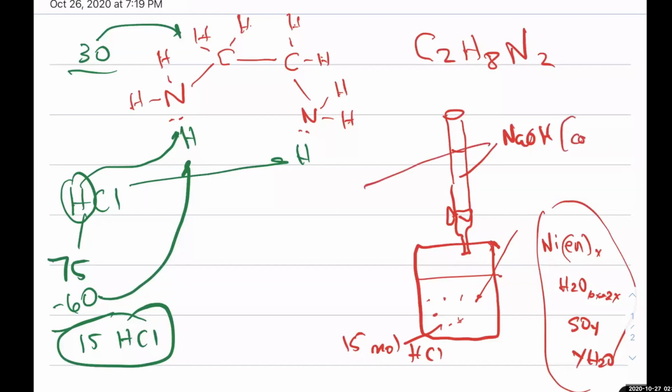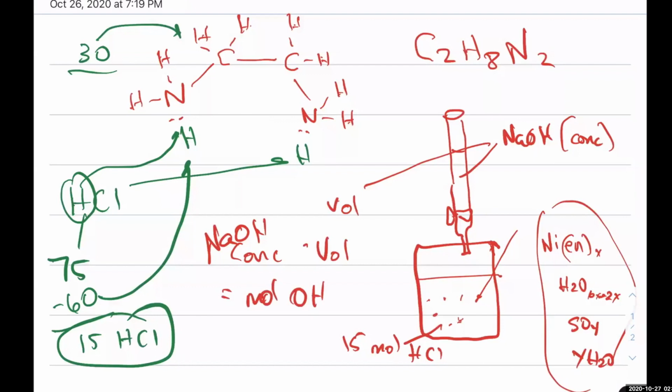Knowing the concentration and the volume, you now have the moles of the base, which, guess what, is equal to the moles of HCl or H plus unreacted.